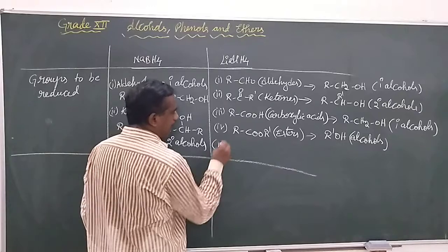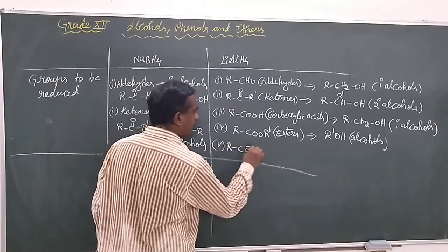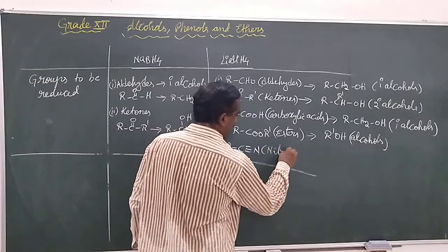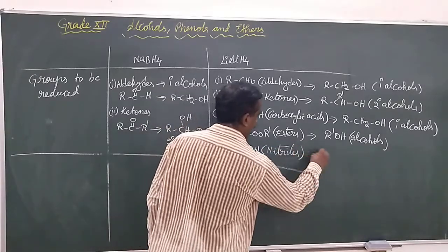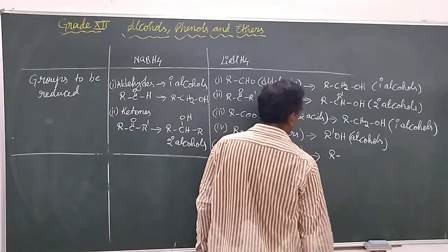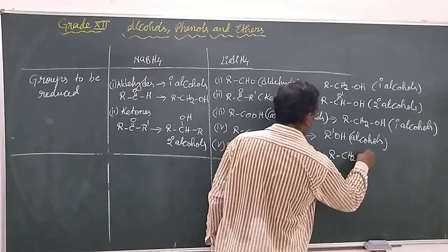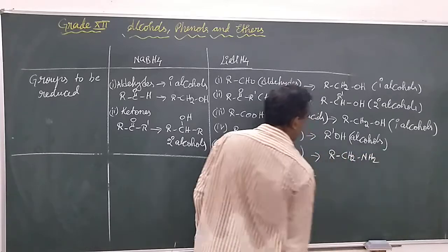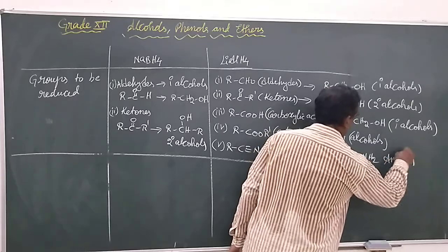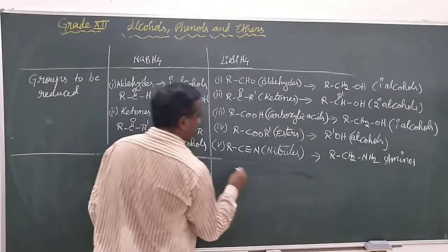Then the nitriles, C triple bond N, they are reduced to RCH2NH2 amines.